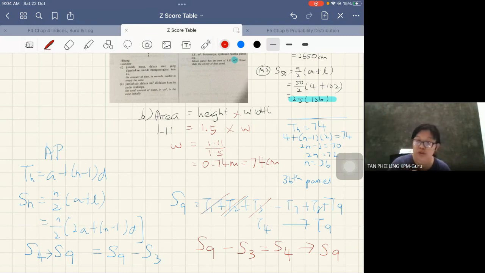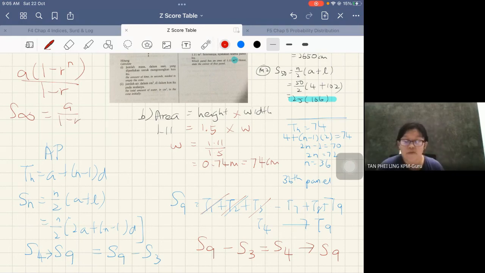And you have the sum, where you have the formula for R bigger than 1 and R lesser than 1, which will be A times either R power n minus 1 or 1 minus R power n, over R minus 1 or 1 minus R. And then you have the last one, which is sum to infinity, which is A over 1 minus R. This sum to infinity applies when you see the numbers getting smaller and smaller and it's infinite, or the question will give you the keyword sum to infinity.